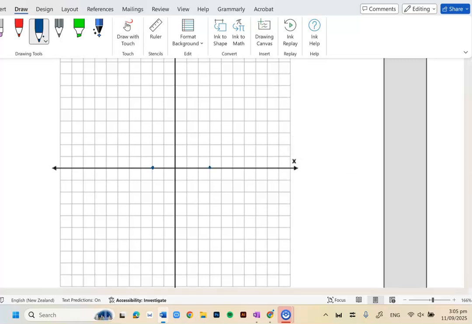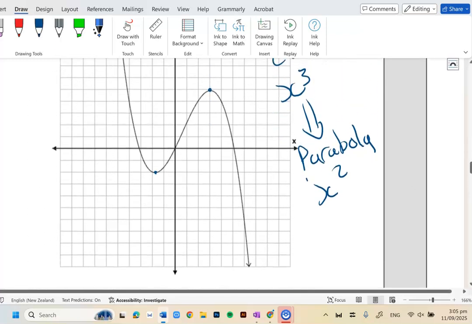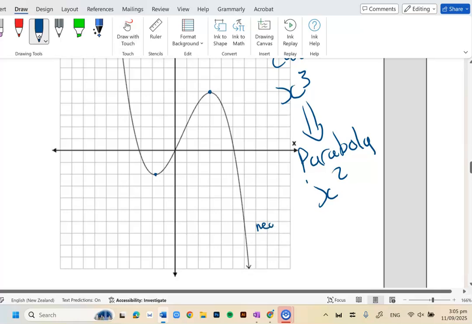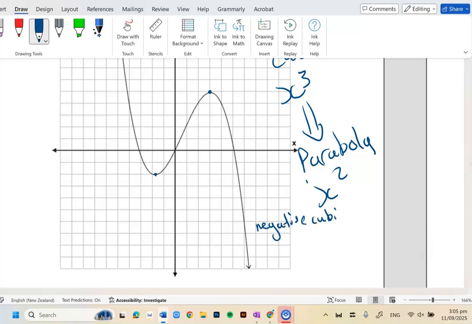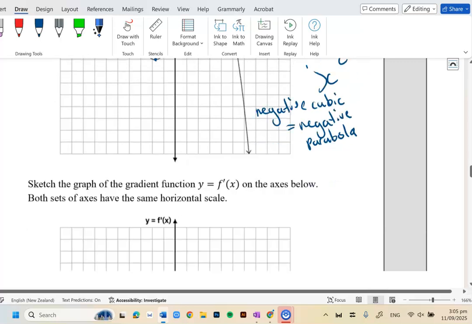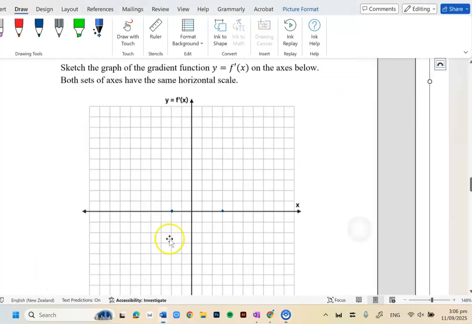And then we just got to make sure, notice how this is a negative cubic because it ends going down, so that means we're going to have a negative parabola. Okay, so it will look something like this.